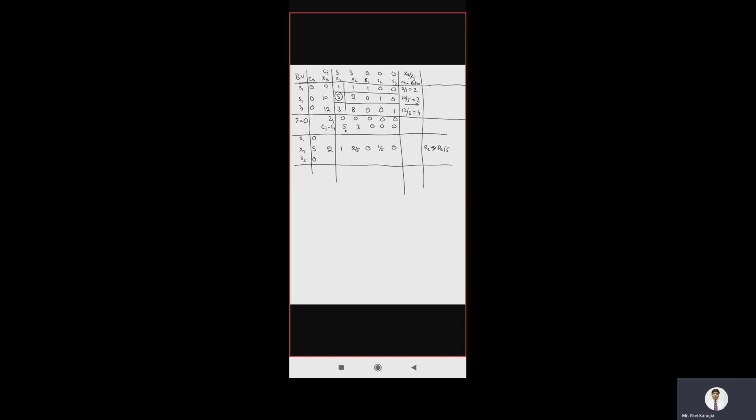So let's come to the first row. For first row, we have 1. In order to make this 1 as 0, what I have to do is I have to use the transformation R1 into R1 minus R2. Right? So the first XB, that is a variable. So 2 minus 2 will give me a 0. Now, 1 minus 1 will give me a 0.